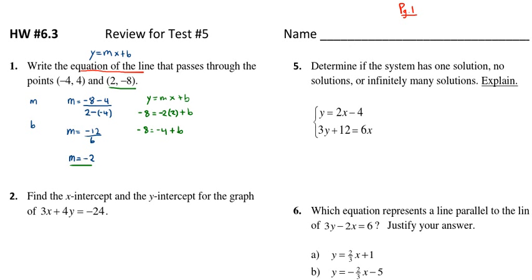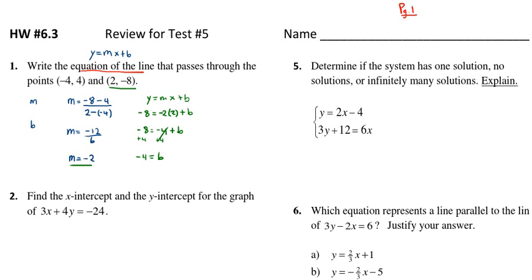Now to solve for b, we need to add 4 on both sides. Doing the operations, we have b is equal to -8 plus 4 is -4. So now we have our y-intercept, which is -4, and now we can write our equation in slope-intercept form by substituting the slope and the y-intercept.